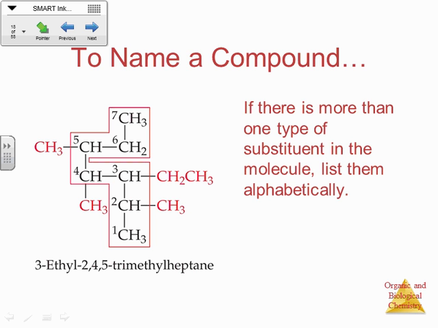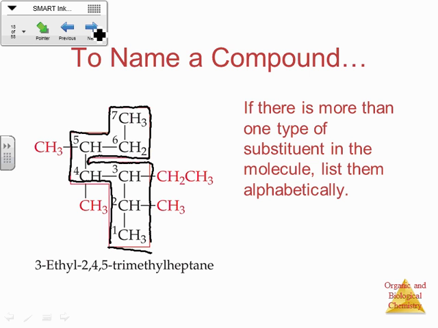On this one, our second example, I guess, our longest chain is this one. When we follow this chain, it gives us 7 carbons. Now there are a lot of groups coming off of it.